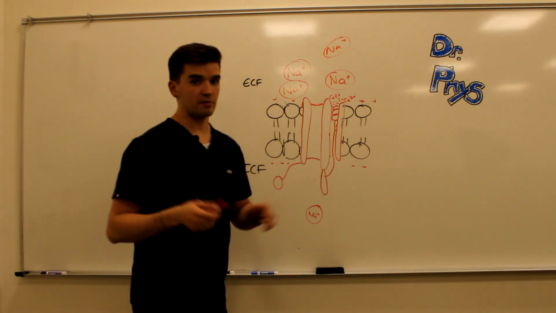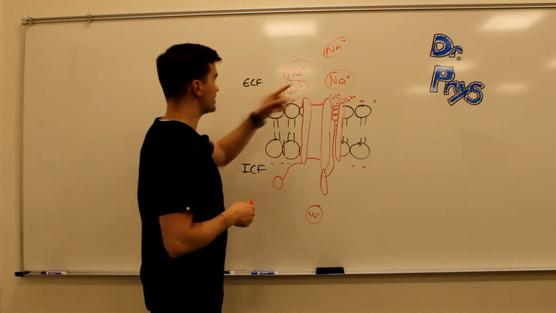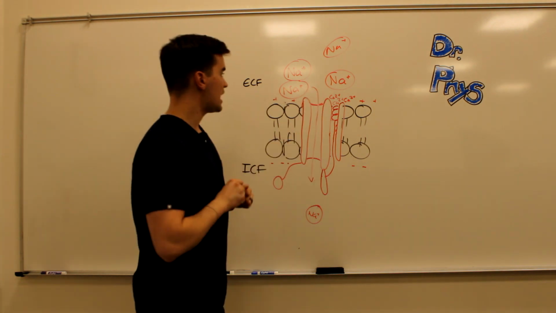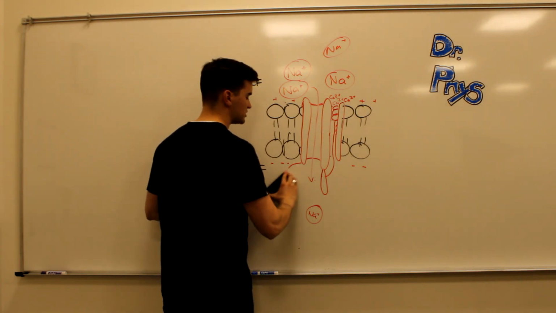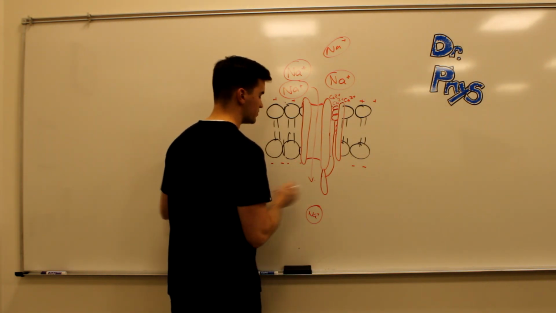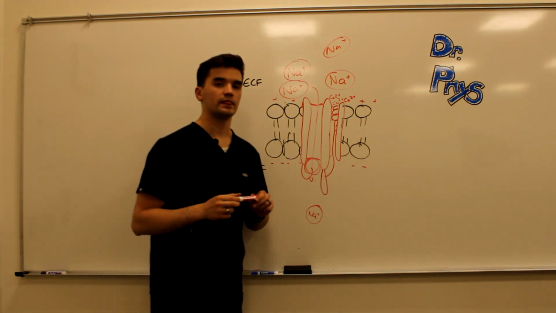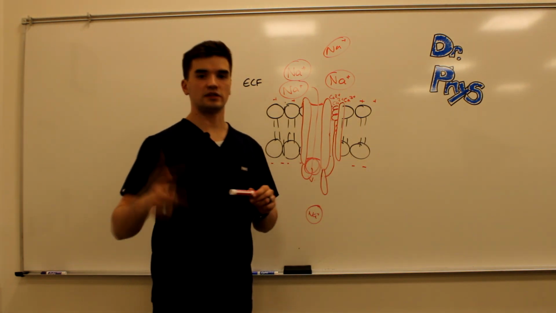Then, you can imagine what will happen. At that point, sodium will see its opportunity and attack, and it'll start flowing into the cell. At which point, the inactivation gate, in order to prevent too much from coming in, will quickly close the voltage-gated sodium channel, and the reaction will continue to happen.